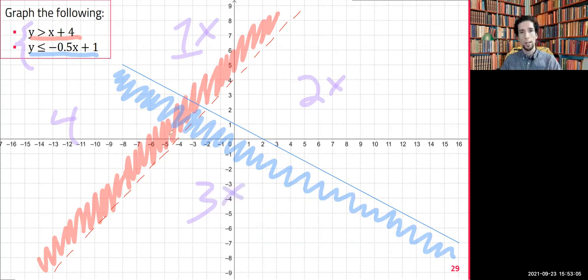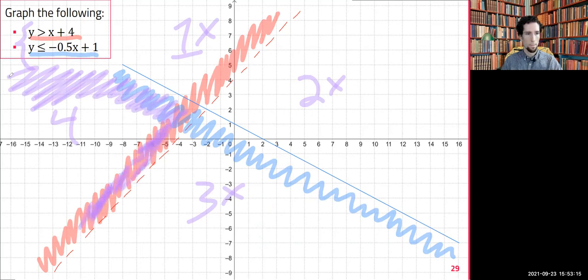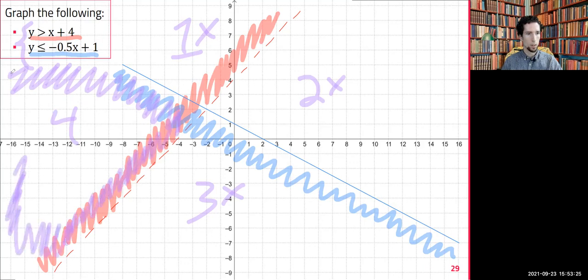So the solution to this system of inequalities is actually this whole space like this, a nice big solution space.